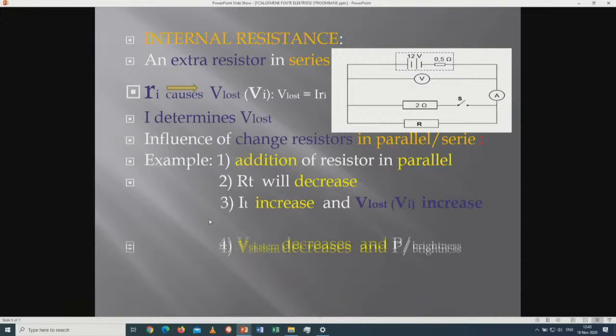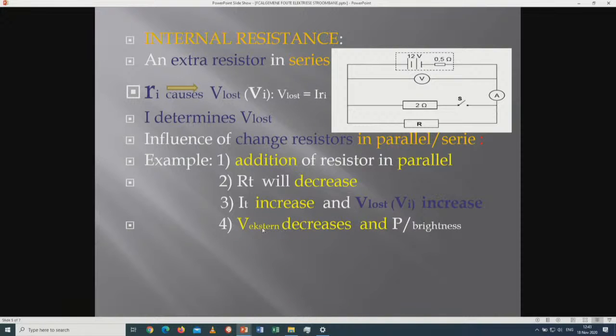And what will the result be? V external. The voltage available to the external circuit will decrease. And therefore, if you have maybe a bulb in your circuit, the brightness of that bulb will decrease.